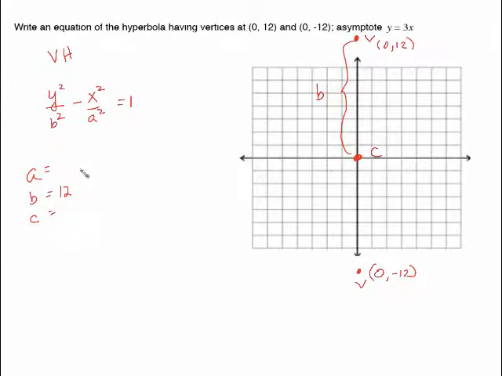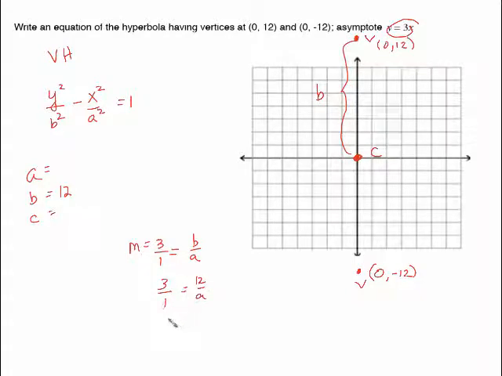Now, I don't have a or c on my graph. This is where I have to go to the asymptote. The asymptote is y equals 3x. That means you're looking at the slope being 3, or 3 over 1 if you want, and your asymptote slope is b over a. So if you solve this equation, knowing that b is 12, you have 3 over 1 equals 12 over a.